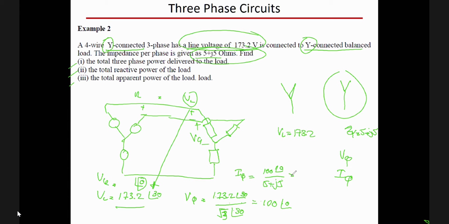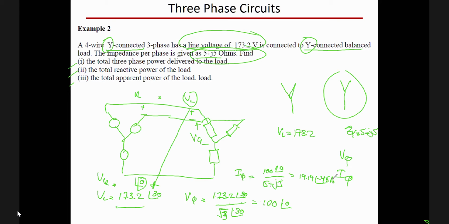If we do this, the number will be 14.14, and the angle is minus 45.